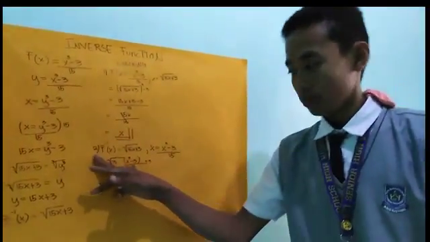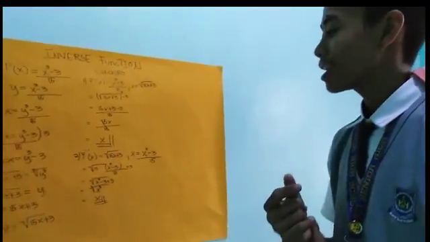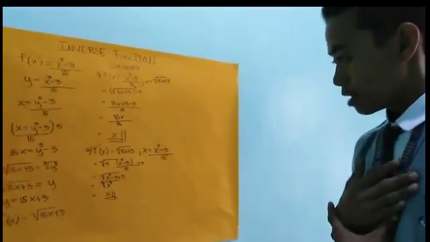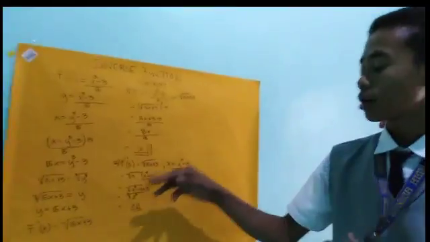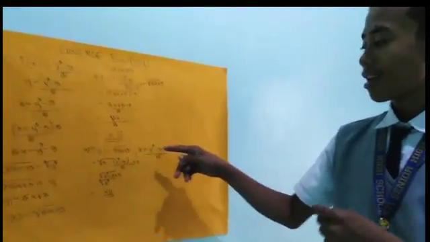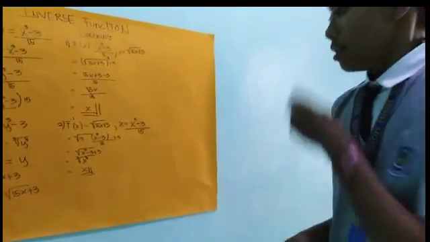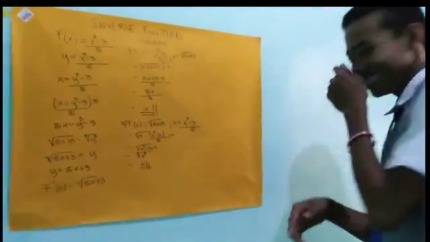So number 2: f to the power of -1 quantity x equals the cube root of 15x plus 3, and x equals (x to the power of 3 minus 3) over 15.